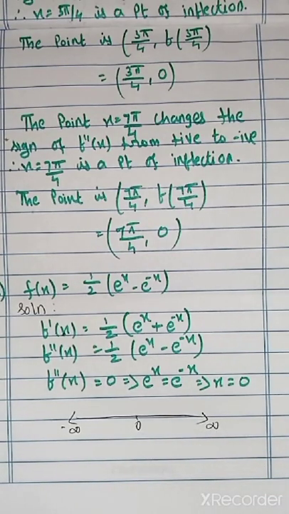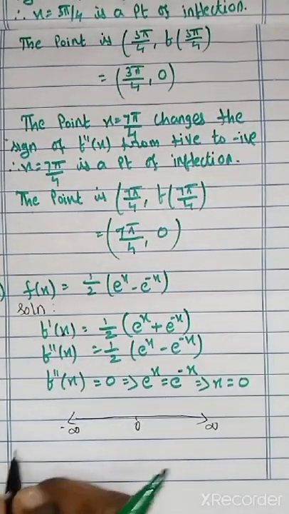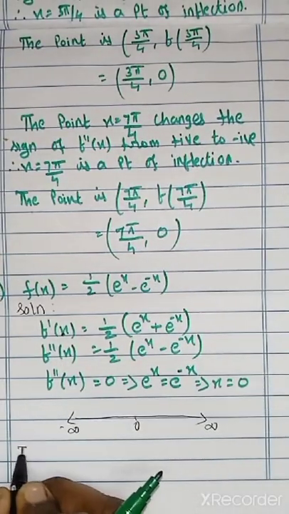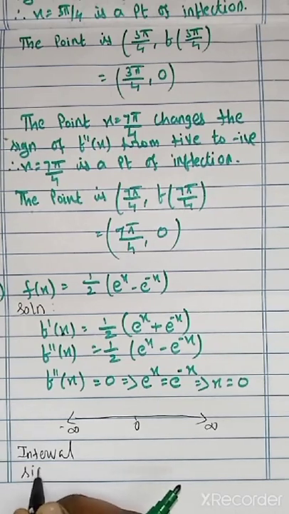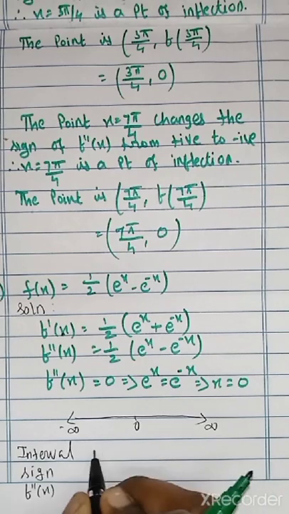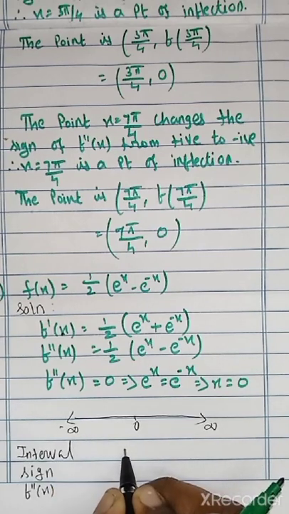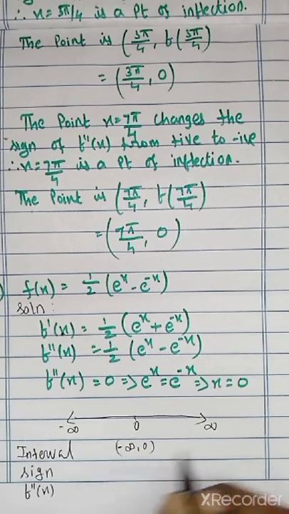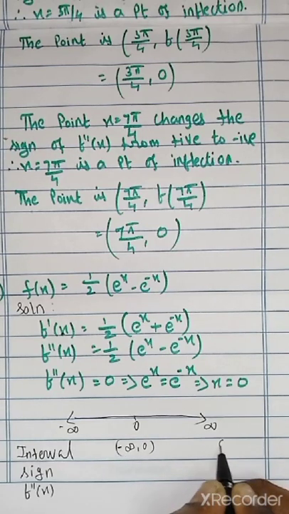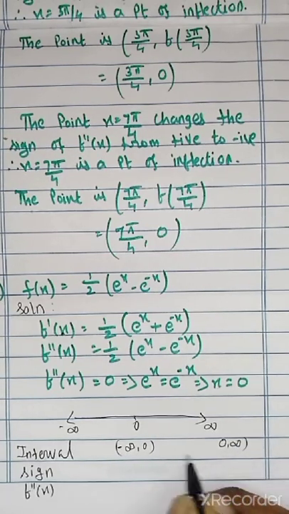Now again we have to make the tabular column, that is interval, sign and f double dash of x. Next, what is your interval? Minus infinity to 0, and here 0 to infinity.